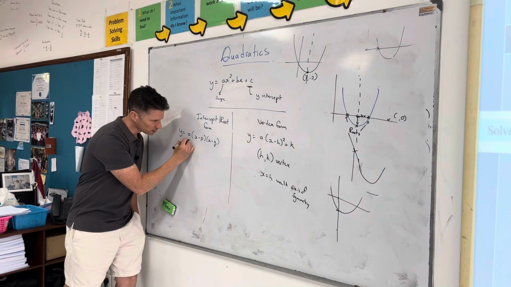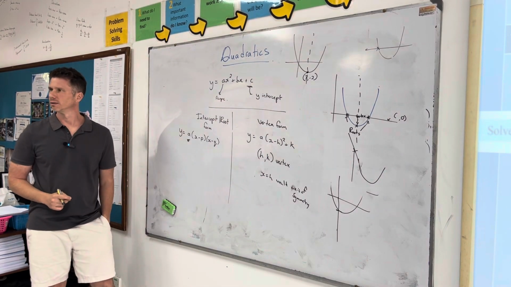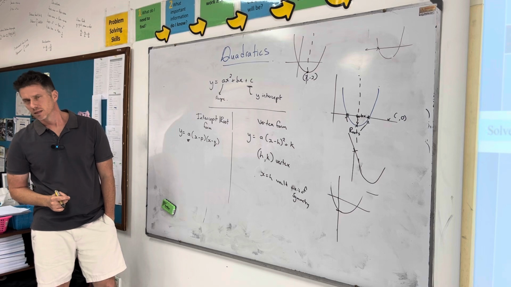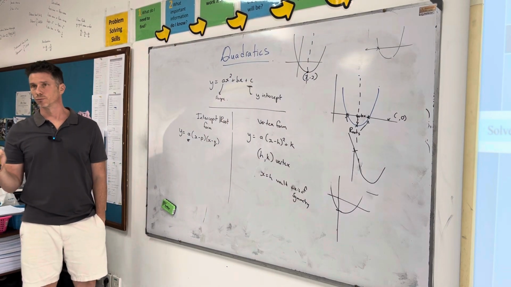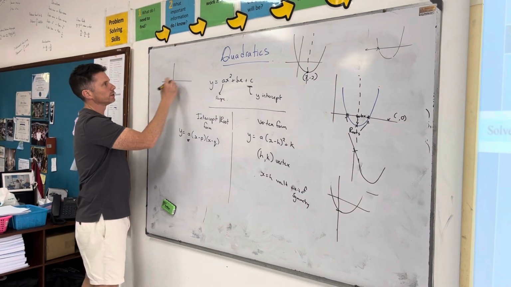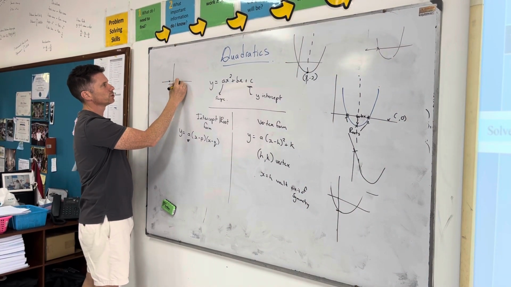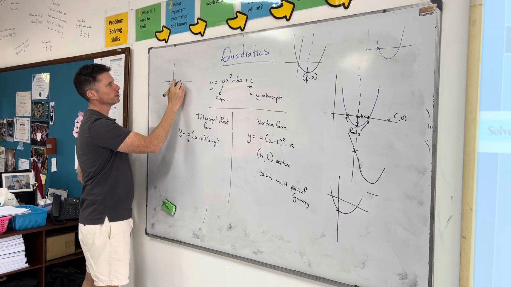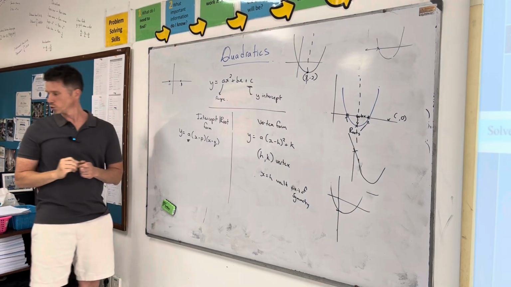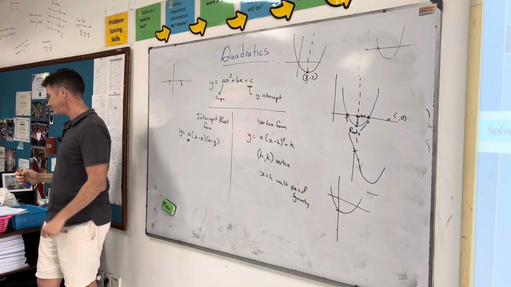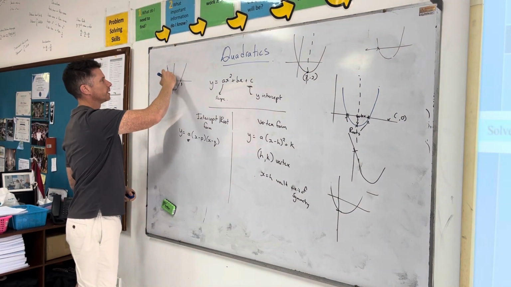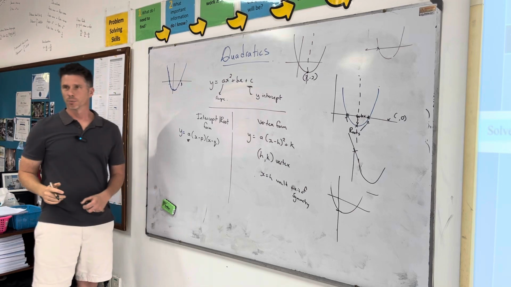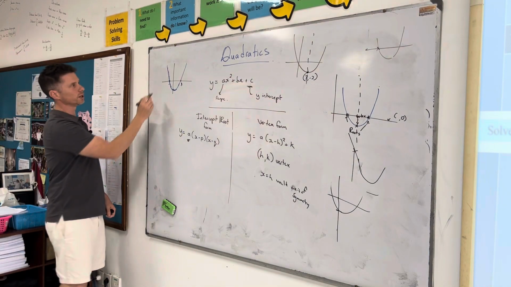Why is there an a here? a is the shape. Multiple equations will have the same roots. So let's talk about one that goes through x at minus 2 and x at plus 3. There's not just one equation that will have those roots. There's one, badly drawn. But the shape of the quadratic could be a lot different.